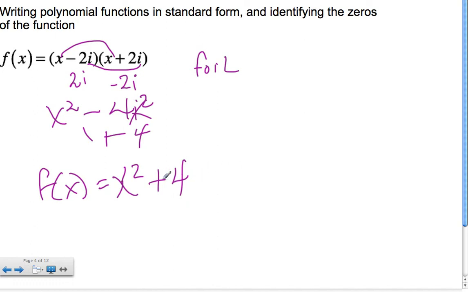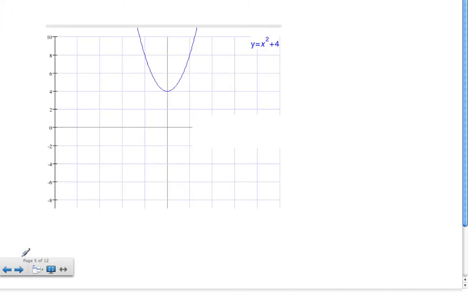So that wasn't too bad, trying to find that function with the imaginary zeros. And if I look at the graph of that function, this is what it looks like. And if you notice, right here is where my x-axis is, and it doesn't cross the x-axis.